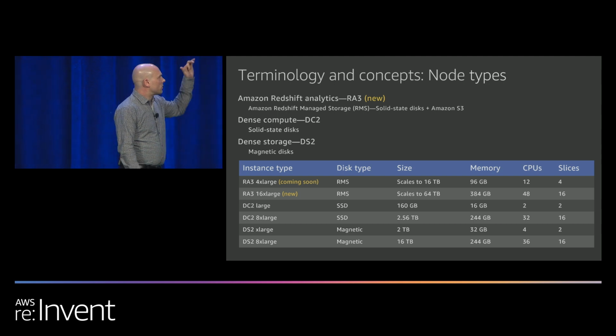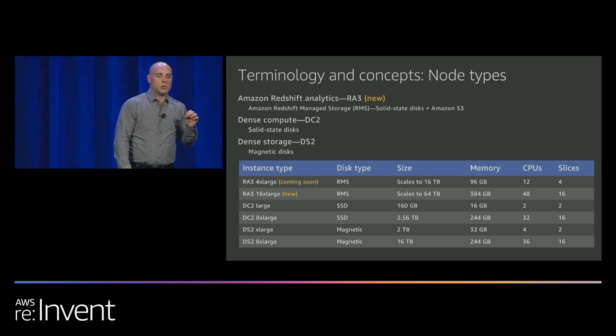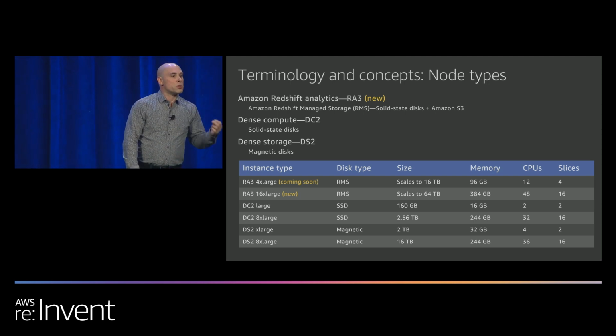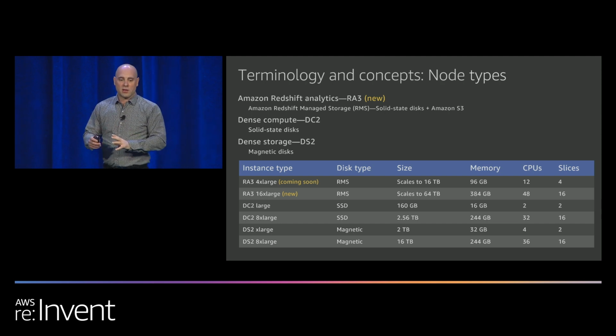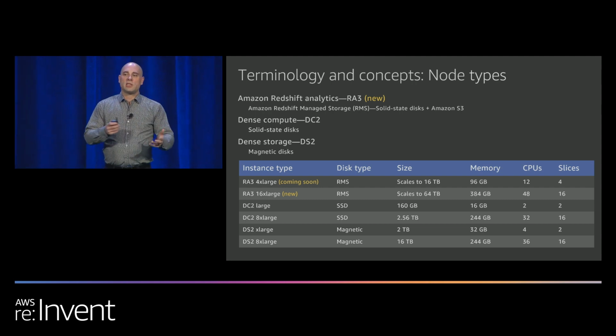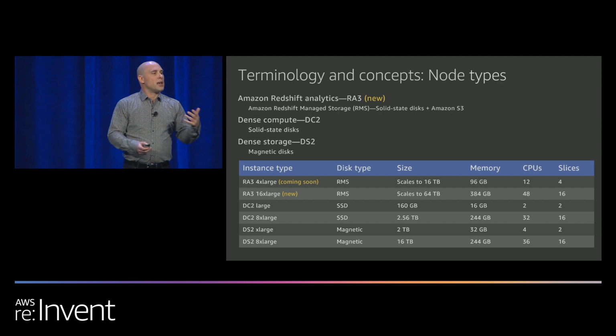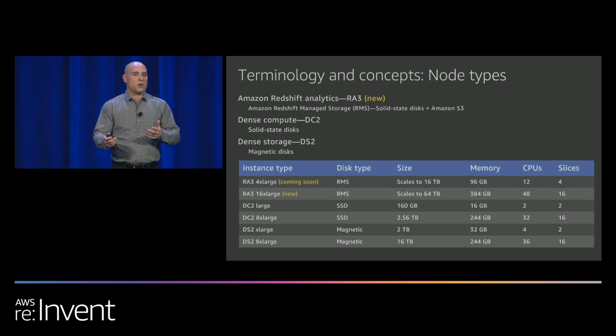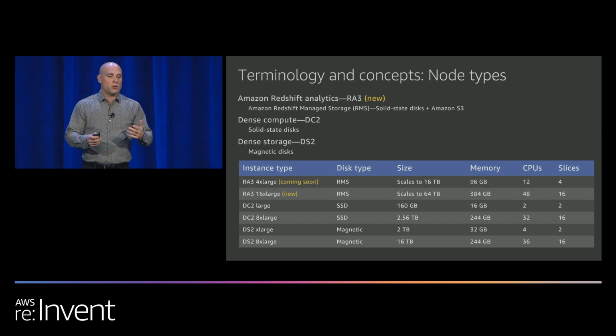Previously we had 2 compute node types: DC2, which was our dense compute, SSD-backed heavy amounts of compute, and our dense storage node type, which is magnetic disks. So previously, we just had those 2 choices, and customers had to pick between those depending on their storage or compute needs.